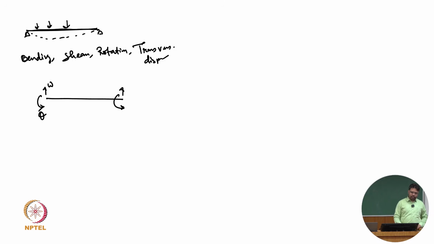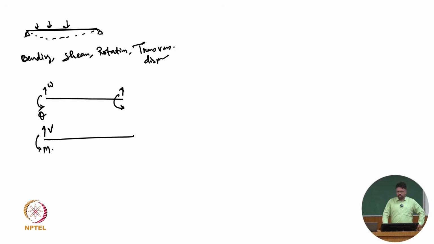Okay, so associated forces are, because we know that once there is a degree of freedom, there is also a force term present. So what are the forces? Shear force V and bending moment M are the associated forces in that.